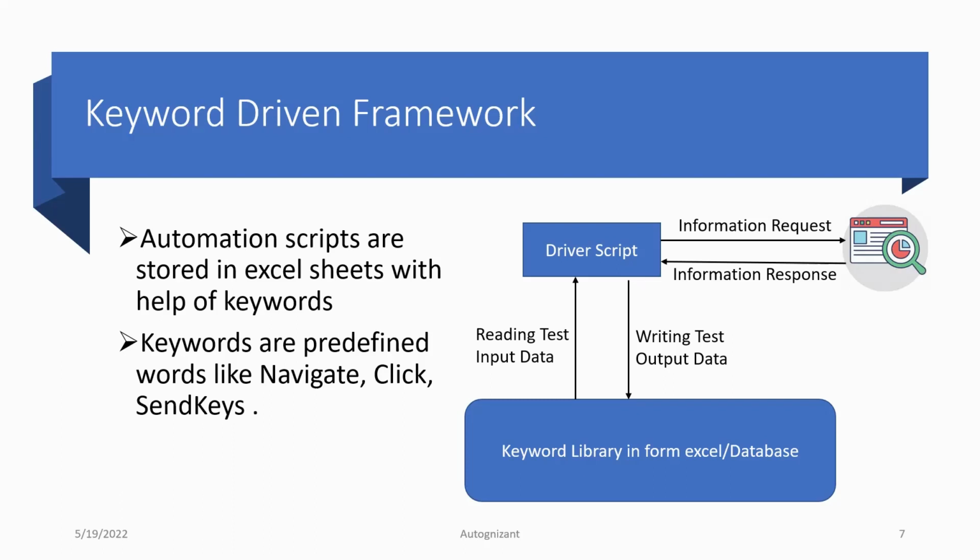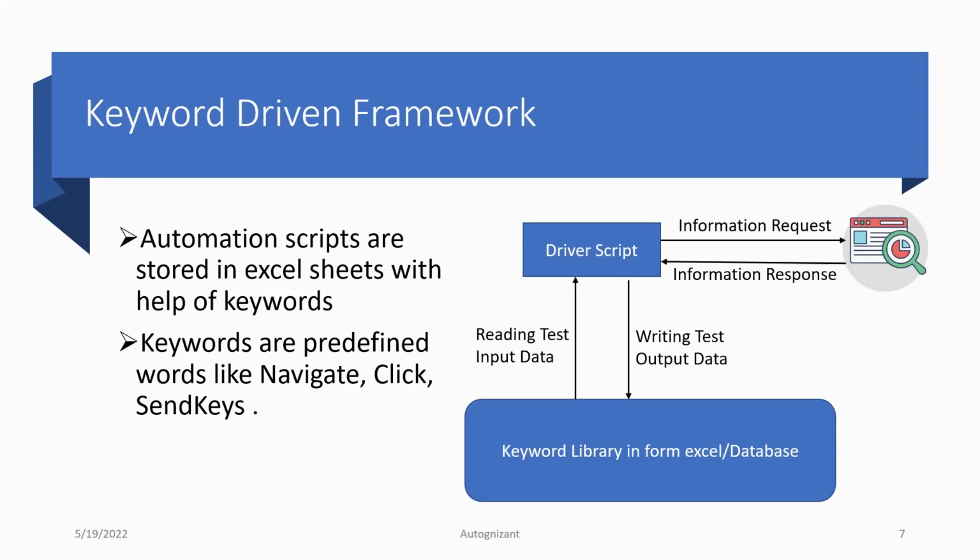Now, when we execute the driver script, it reads each and every record and keyword from the Excel sheet, and the code behind these keywords gets executed against the application under test. And later, it compares the actual output data with the expected data. So the advantage of keyword-driven framework is we don't have to write any code.